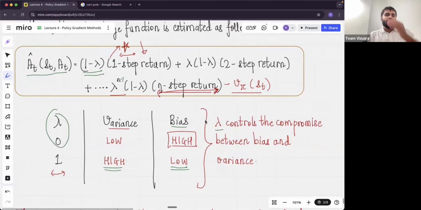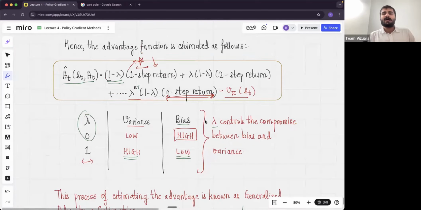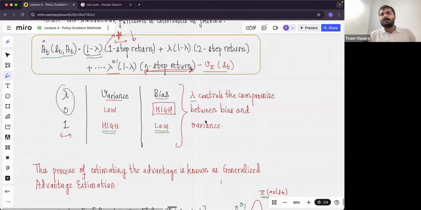Okay, so in today's lecture, we focused on first understanding why we need policy gradient methods, because it offers a way to bypass the Q function estimation and directly give us the probability distribution over actions. And then we understood that if we want a direct estimation of the probability distribution, we first need to parameterize our policy with a parameter called theta, which is very similar to the weights of a neural network.